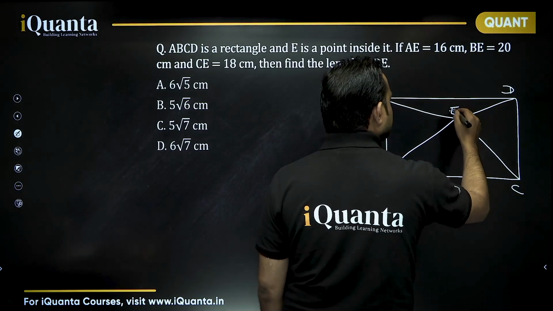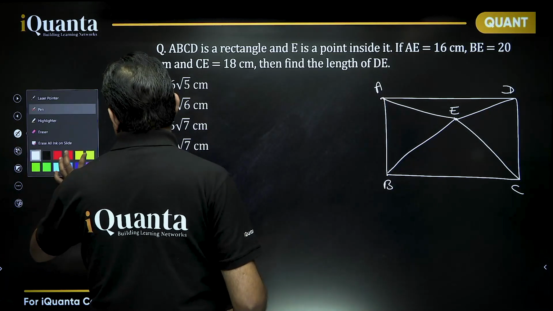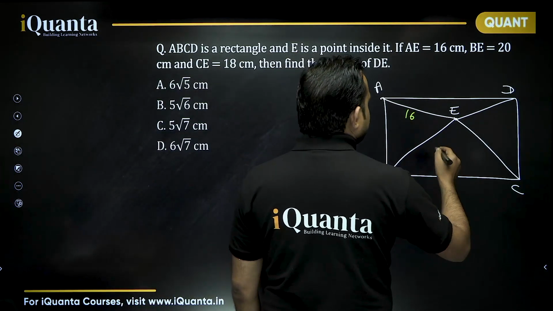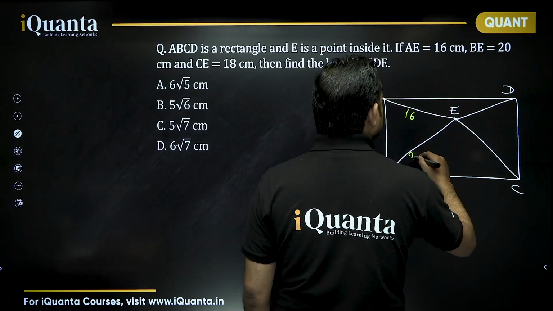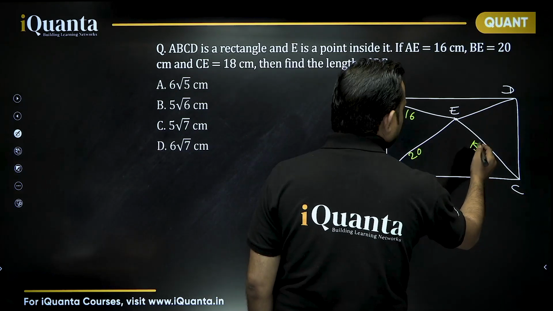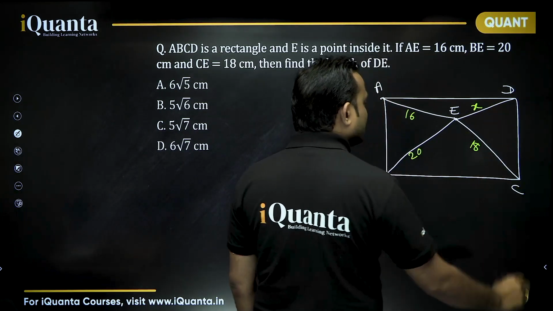This point is E. Now it's given that AE is equal to 16, BE is equal to 20, then CE is equal to 18. We need to find DE. Let's say this is equal to X.